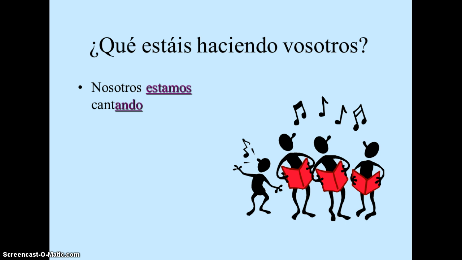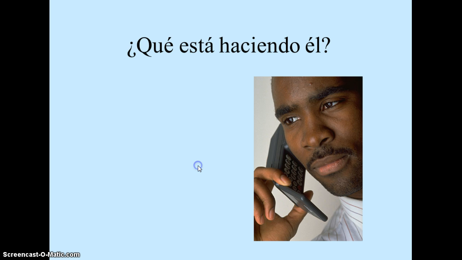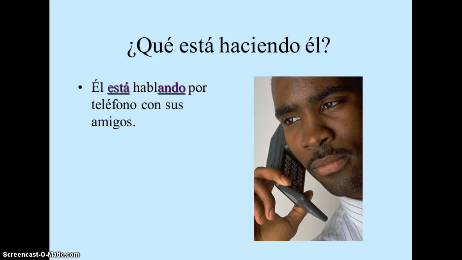We are singing. ¿Qué está haciendo él? Él está hablando por teléfono con sus amigos is optional, with his friends. Okay? So we're conjugating estar to match who's doing it. So él está, and we're adding the ando to mean the ing participle.